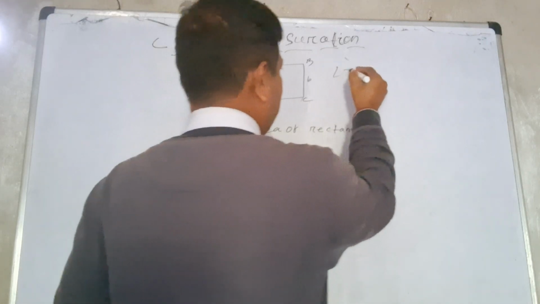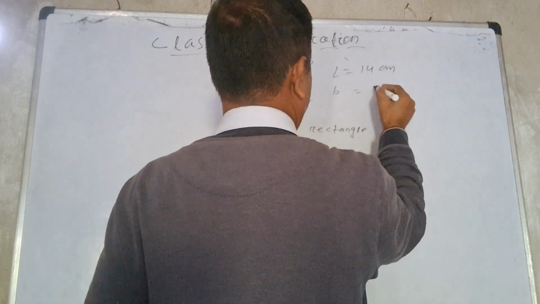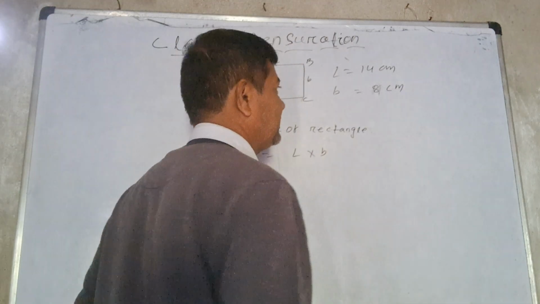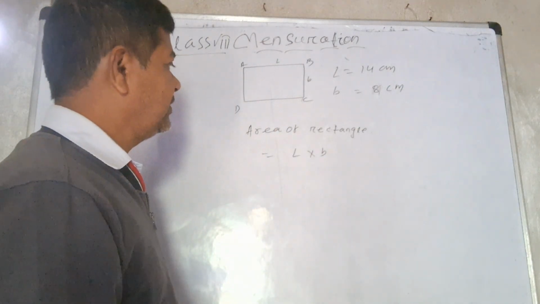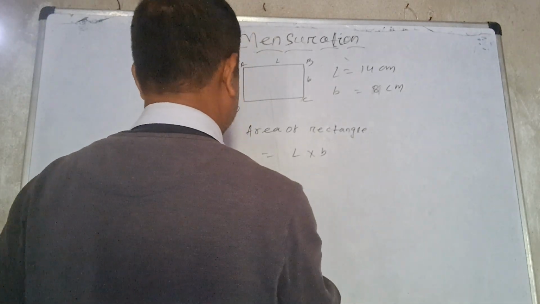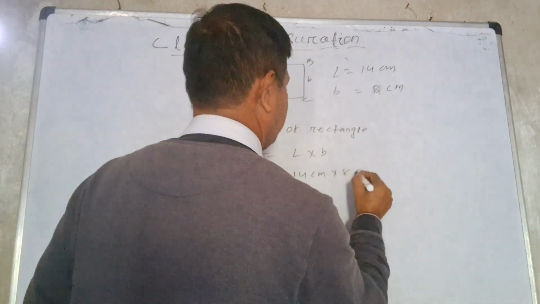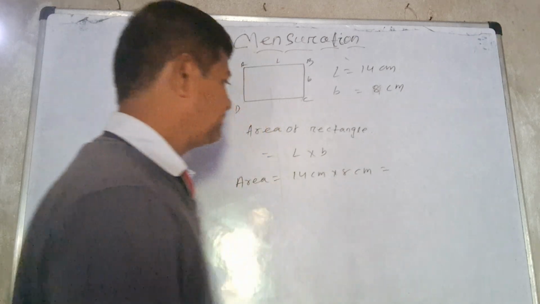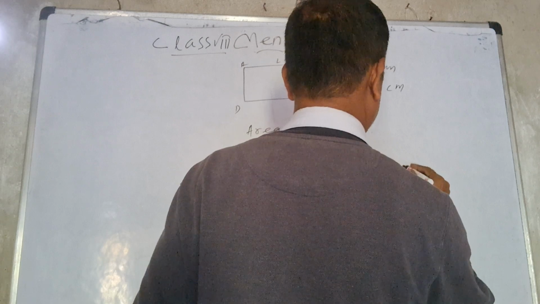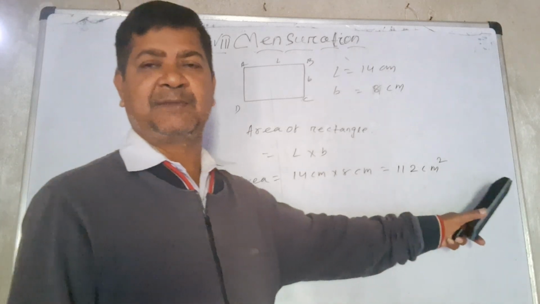If L equal to 14 cm, breadth B equal to 8 cm, then the area of the rectangle is L into B, 14 cm into 8 cm, equal to 112 cm square. Area will be 112 cm square.